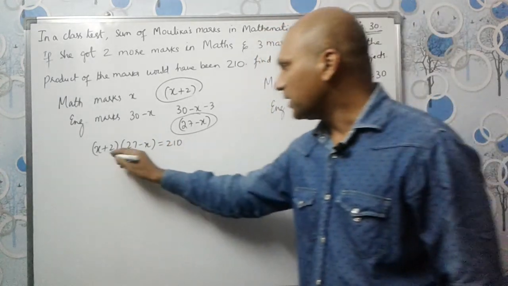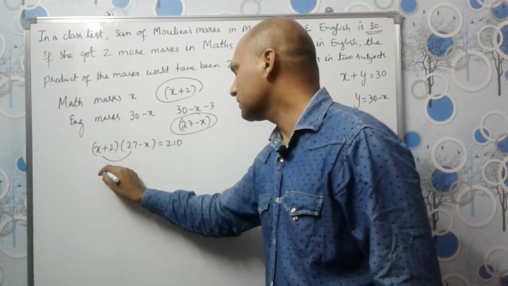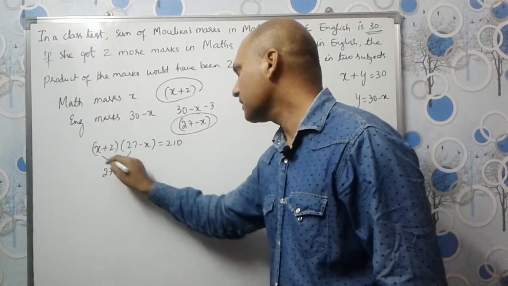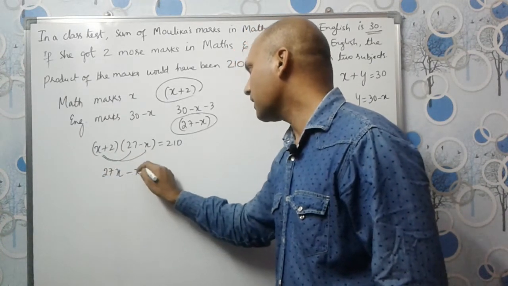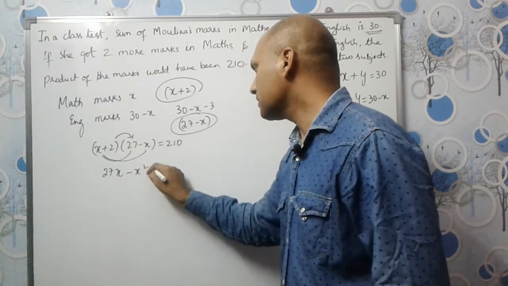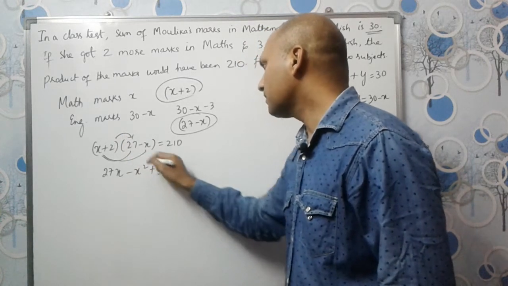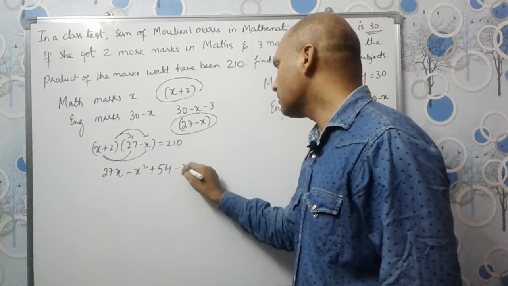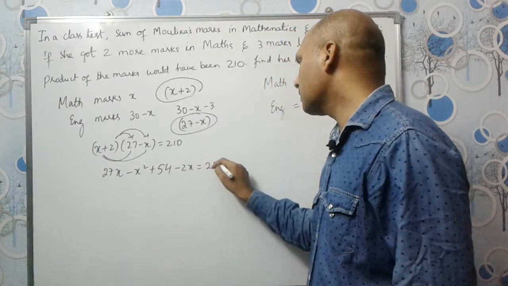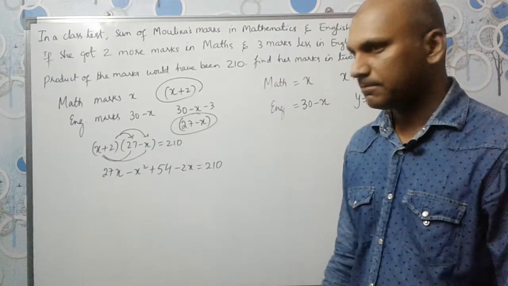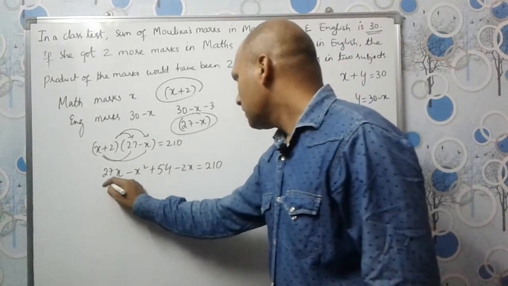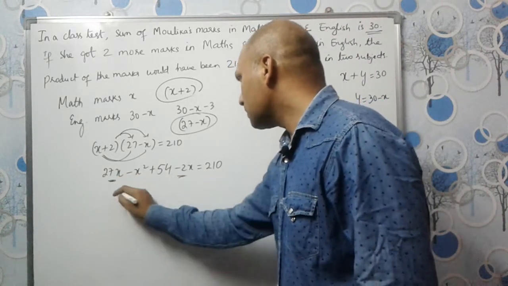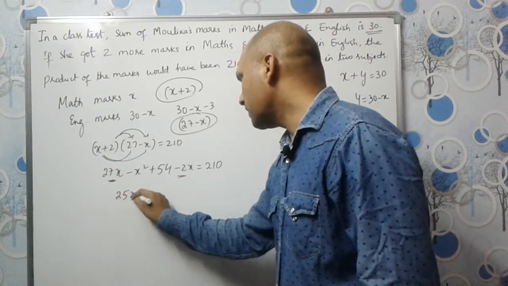Multiply: x into 27 is 27x, x into minus x is minus x square, and then plus 54 minus 2x is equal to 210. So 27 and minus 2 gives plus 25x.